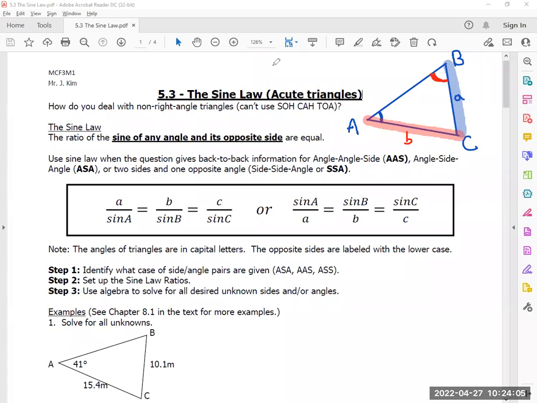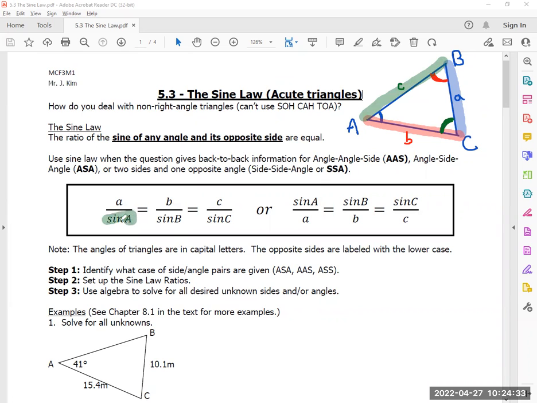Don't worry about it. Angle C is right here, and so the furthest side away is labeled little c. So this is what these letters represent.